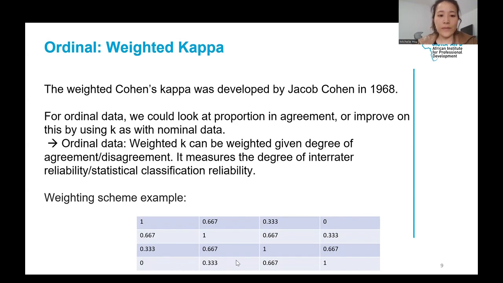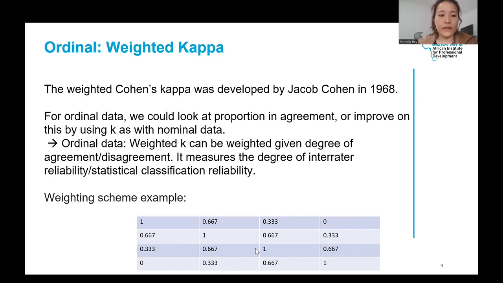The weighting schemes can be formulated from either a similarity or dissimilarity perspective, right? So to compute weighted kappa, weights are assigned to each cell in this contingency table, and the weights range from 0 to 1, 1 assigned to all diagonal cells.